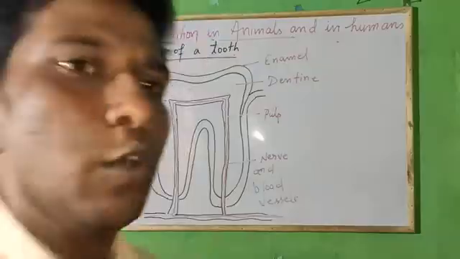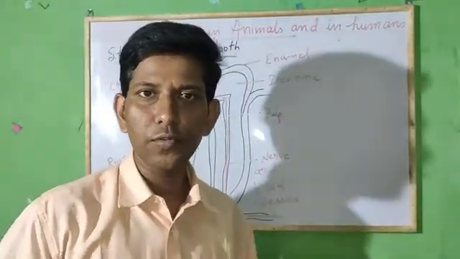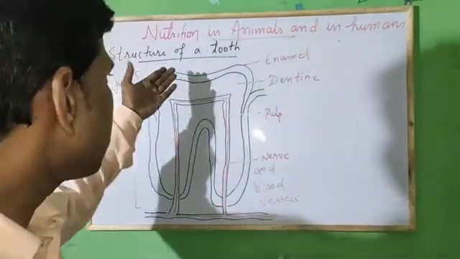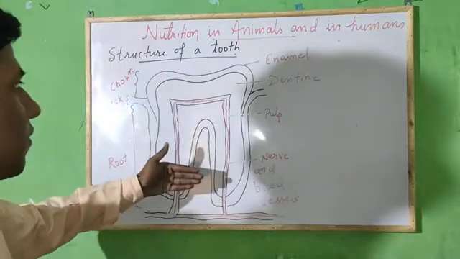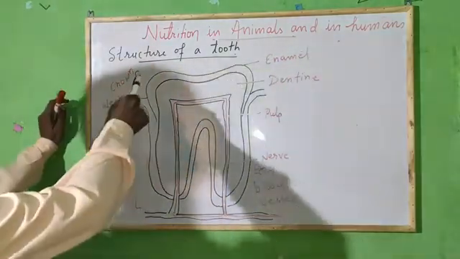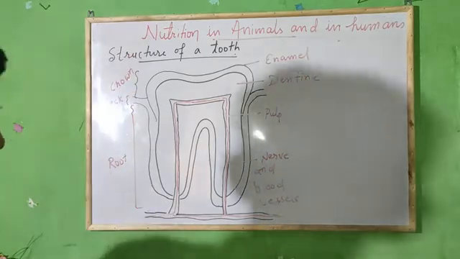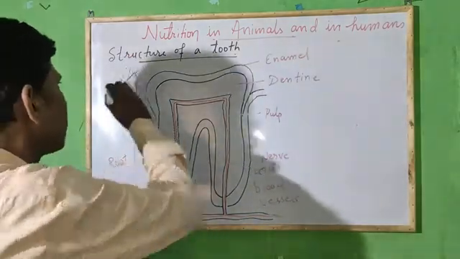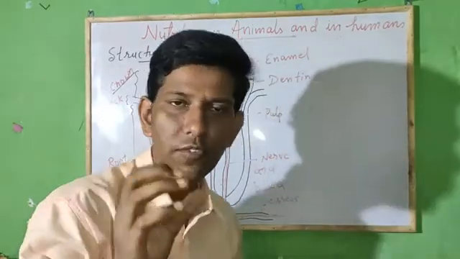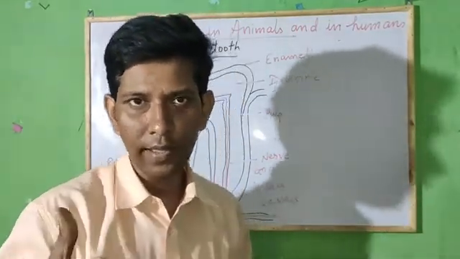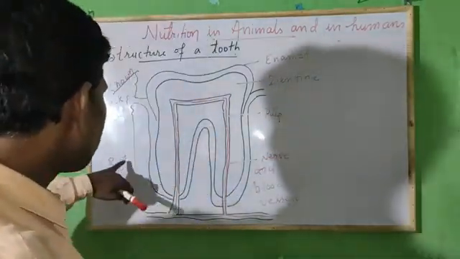Okay children, let's see the structure of the human tooth. The picture of the tooth is given here. You can easily see that we can classify the entire tooth into three important portions. First, the crown. Crown is the uppermost part of the tooth. It is the visible part of our tooth. Clear? The second one is the root.